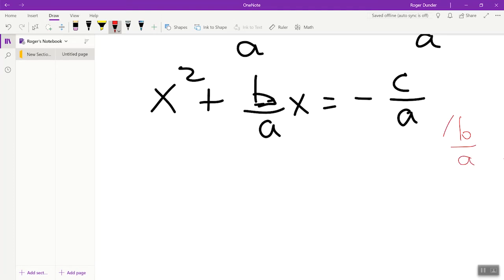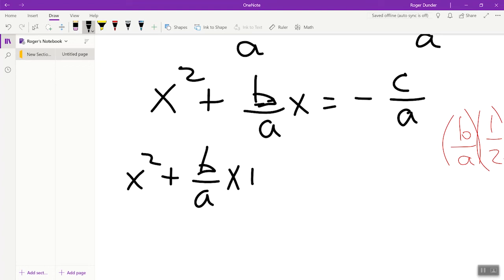And if I want half of that, I will multiply by 1/2. So what's 1/2 times b over a? It's b over 2a. And then of course we want to square that. So you put a little square after that. So here we go. Let's work this out now. We'll have x squared plus b over a x plus b over 2a quantity squared.